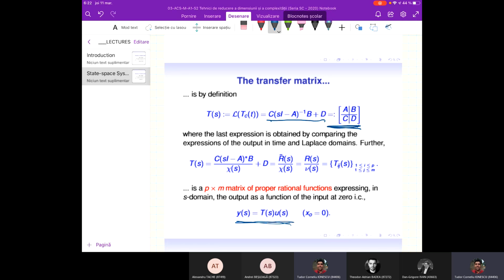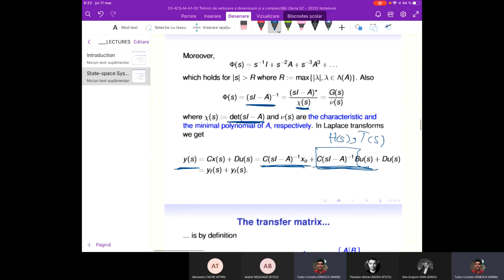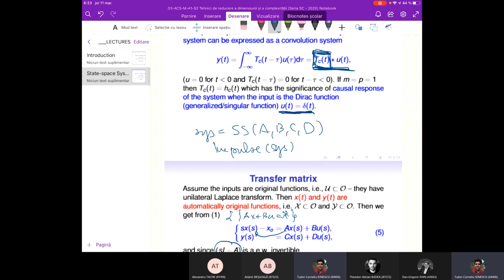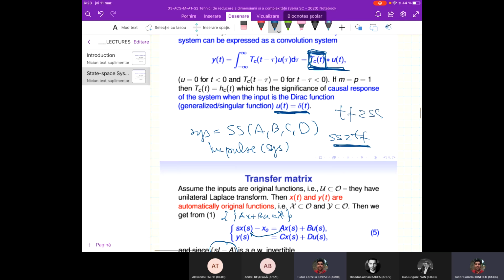Those of you from control engineering can go back to the control systems class from the second year and recall these things. Please go to MATLAB, take the building, the CD player, the cart pendulum, and generate the state space system using the SS function. Then use the function SS to TF, from state space to transfer function, and also TF to SS, and see what happens.